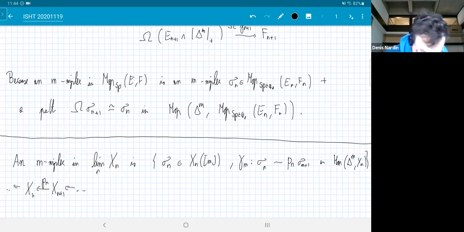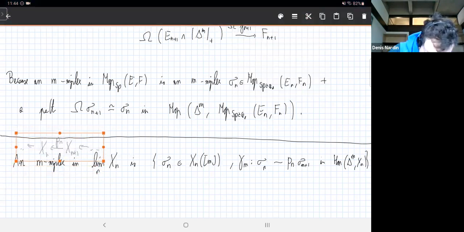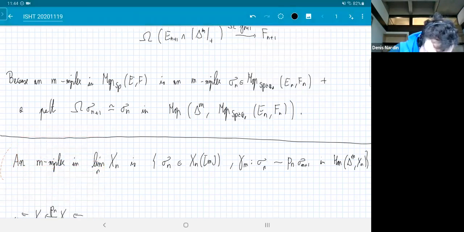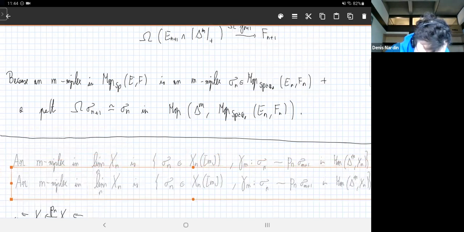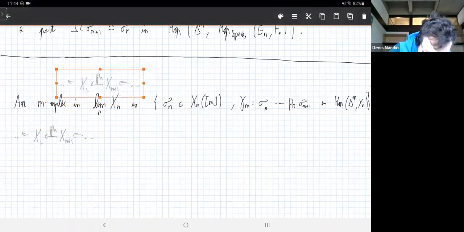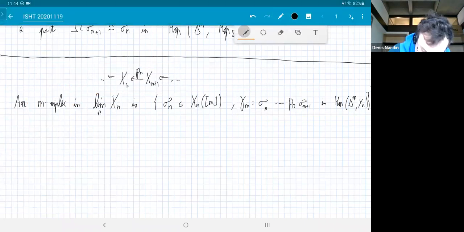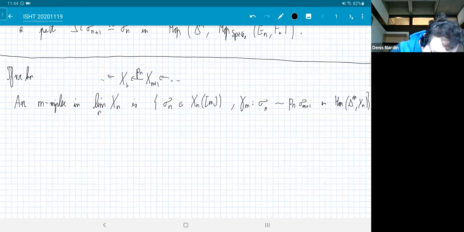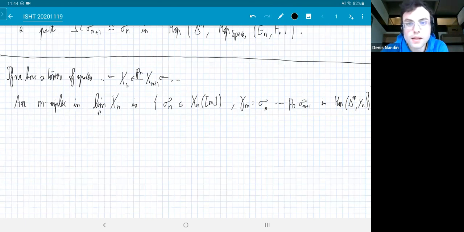Yeah, let me write it down. If we have a tower of spaces, then an m simplex in the homotopy limit is such a thing.